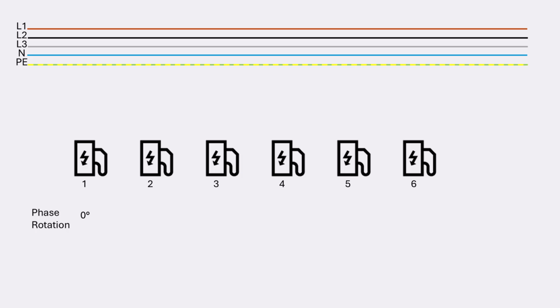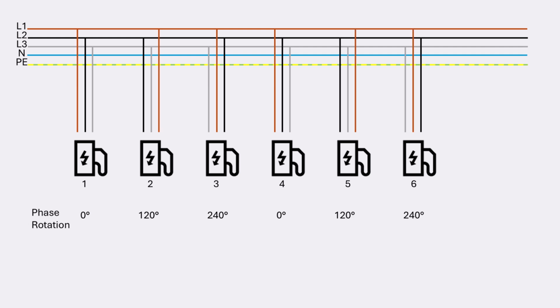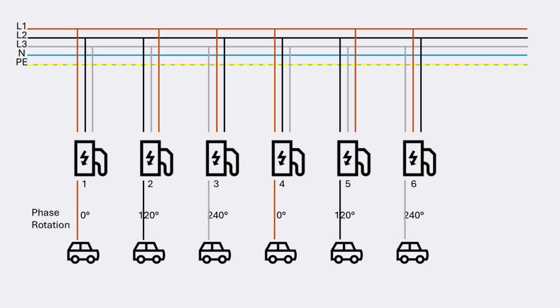Hence, the first wall box connects to L1, L2, L3, the second shifts one phase to connect to L2, L3, L1, and the third shifts 2 phases to connect to L3, L1, L2. A fourth box connects again to L1, L2, L3, and so on. This distributes the load across 3 phases when multiple vehicles charge single-phased, reducing phase imbalance.